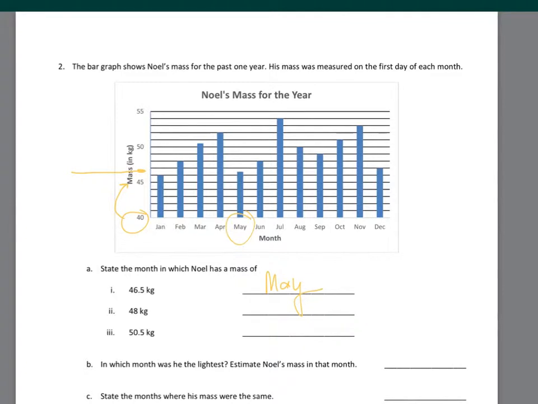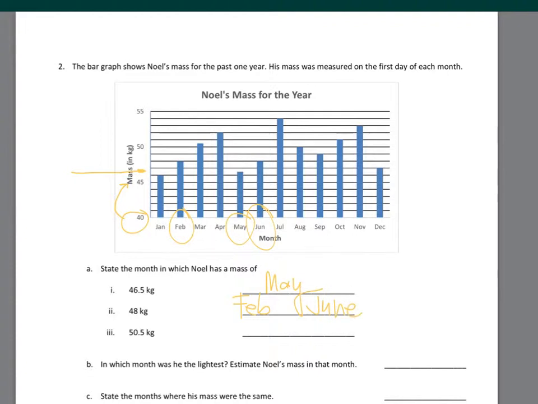For 48 kilograms, again just refer to the graph. We could see two possible answers. 48 happened in February, and also in June.